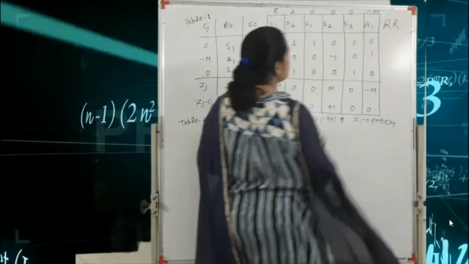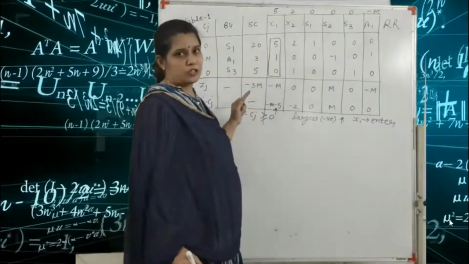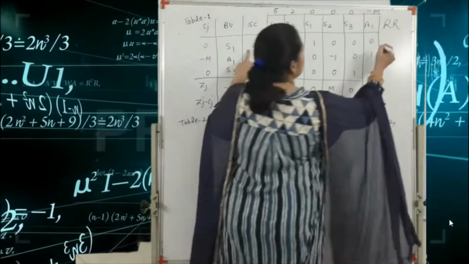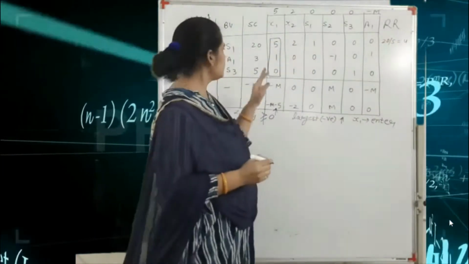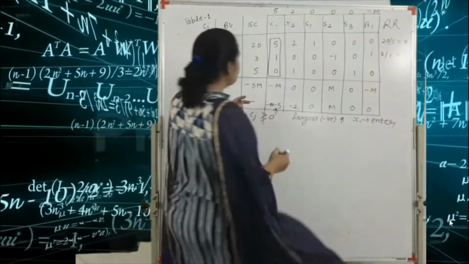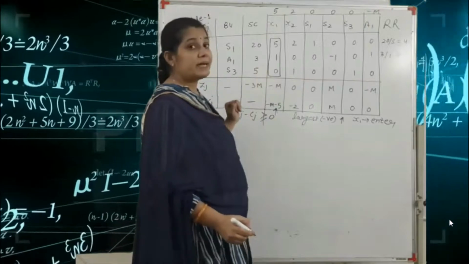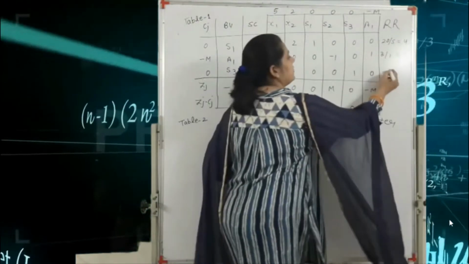Now we find the replacement ratio. This is your key column and this is your solution constant. So 20 divided by 5 is 4. 3 divided by 1 is 3. And 5 divided by 0 is infinite, so you don't write the infinite.